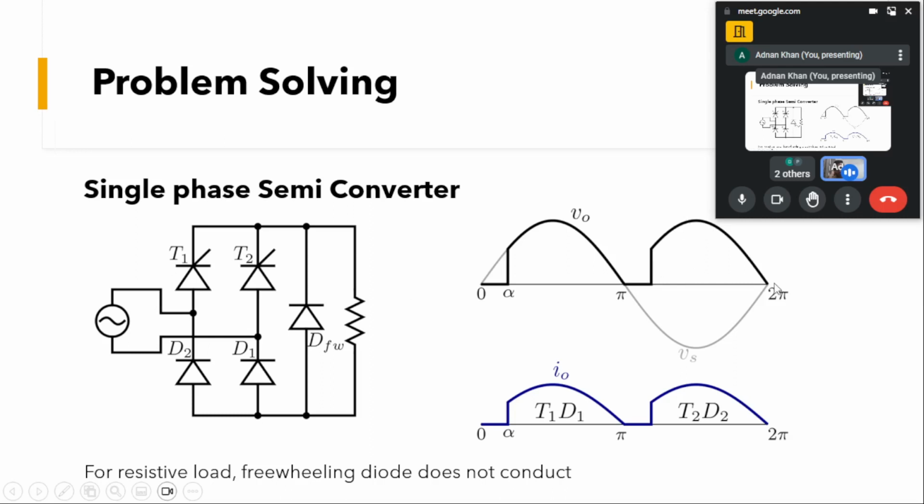From alpha to pi, first T1 and D1 will conduct, and then for the second half T2 and D2 will conduct from alpha plus pi.